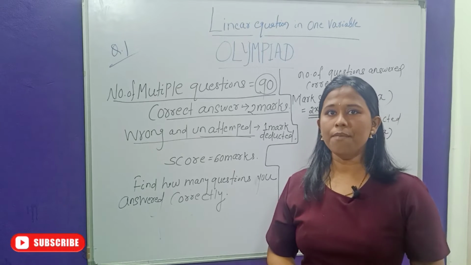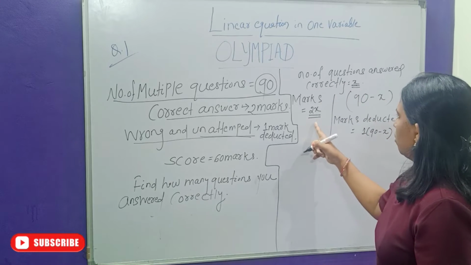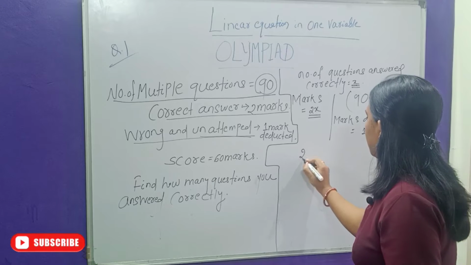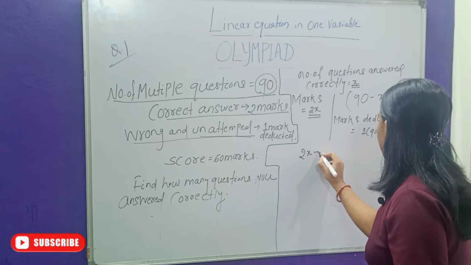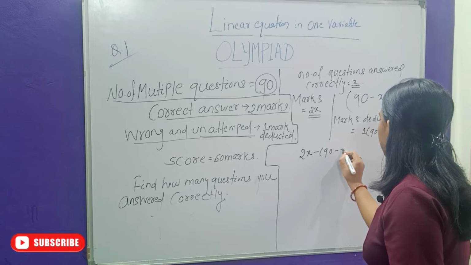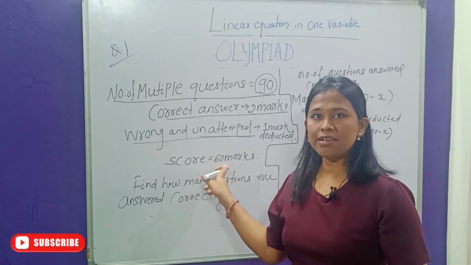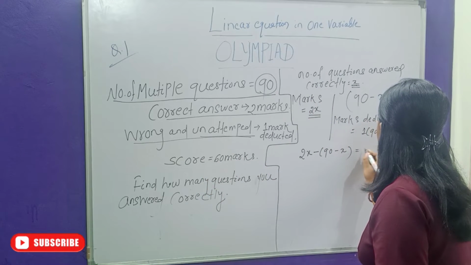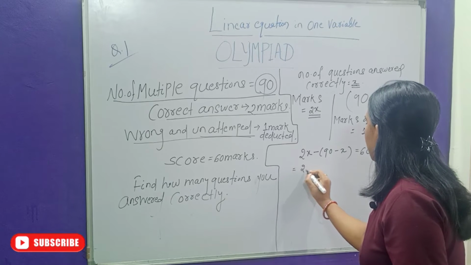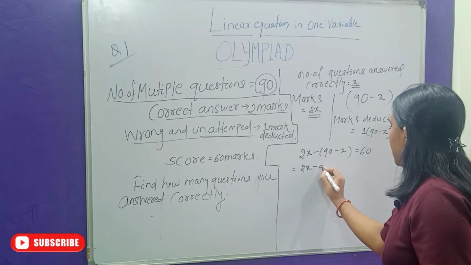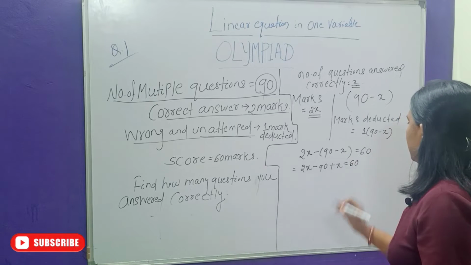This 2x is what you score, and as this much is deducted, I subtract it. Your total score is given as 60 marks, so this is equal to 60.